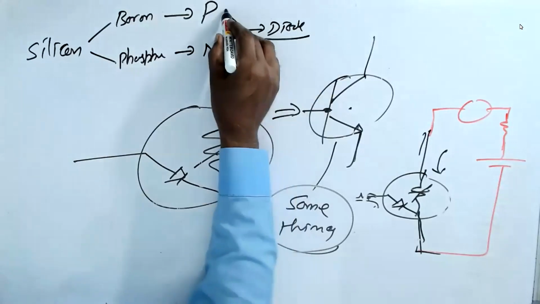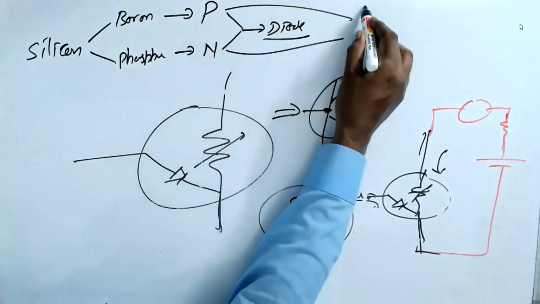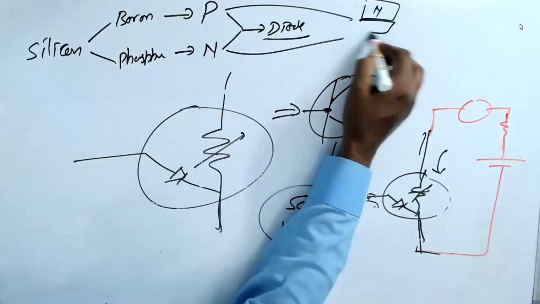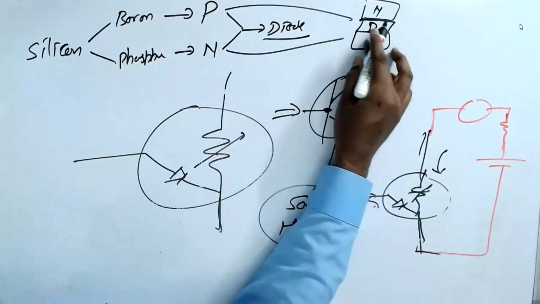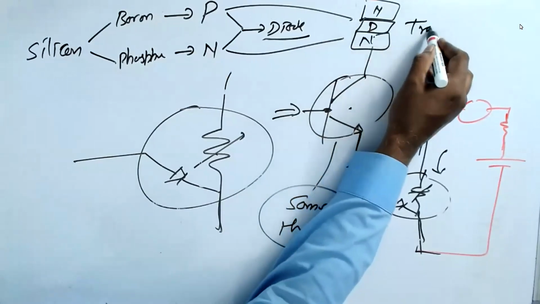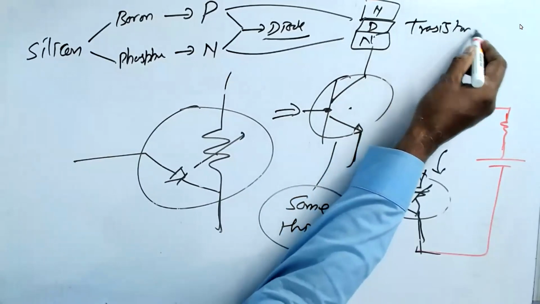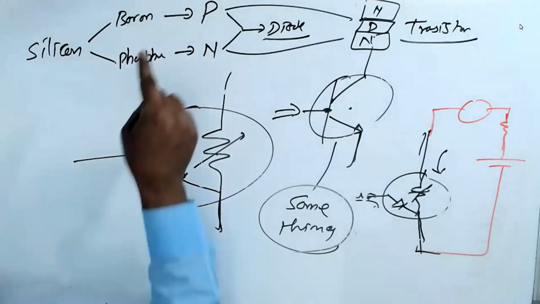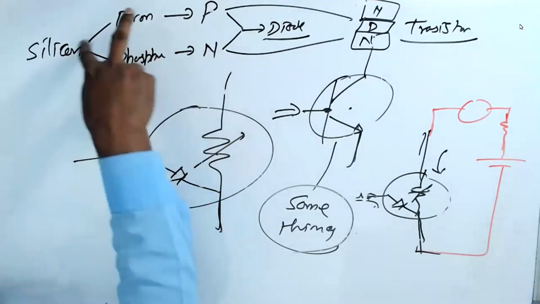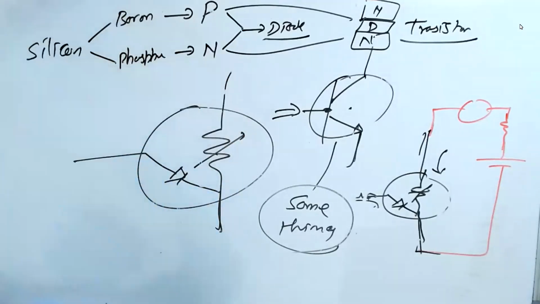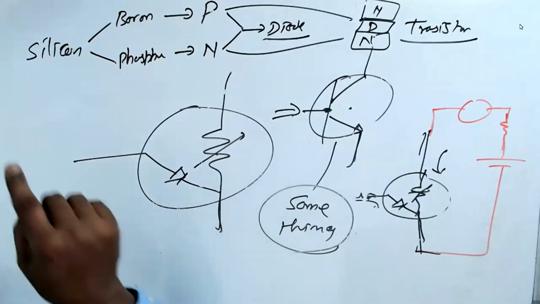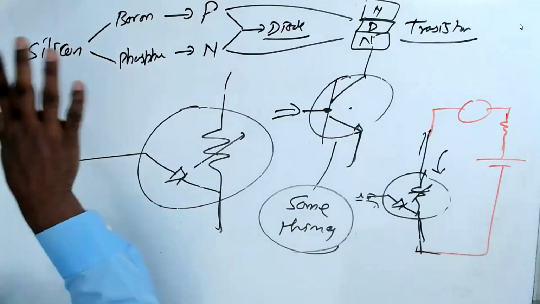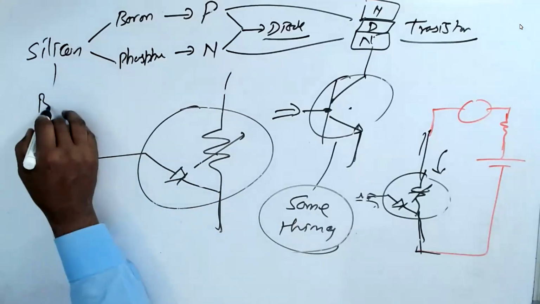Then we join these materials in a fashion called N, P, N. We get a transistor. So a transistor is nothing but a combination of P and N materials. P and N materials are created from silicon and boron, silicon and phosphorus. So basically a transistor is created using silicon. Silicon is the base.